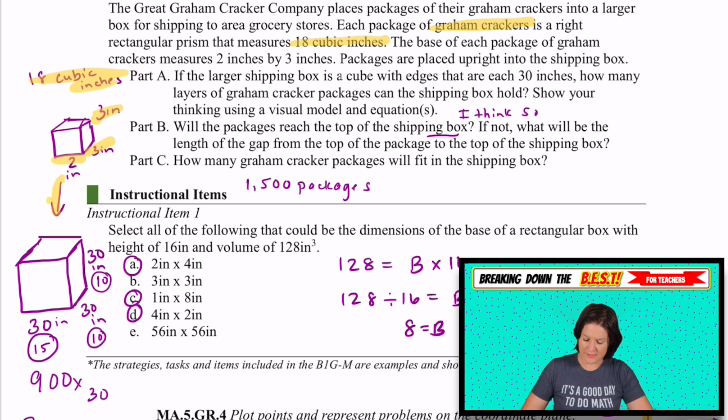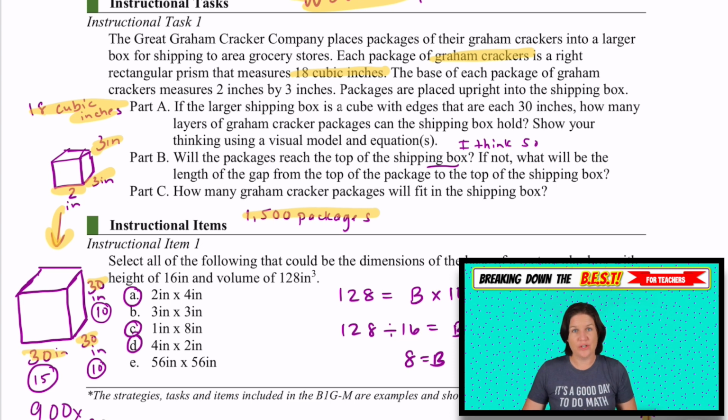And then we're putting them into the boxes, and the box is a 30 by 30 by 30 cube box. And I got an answer of 1,500 packages there. So that's a very challenging question. I even struggled with it too, but that's where I think this problem is going.